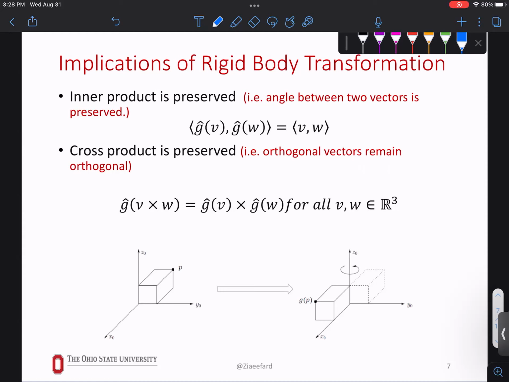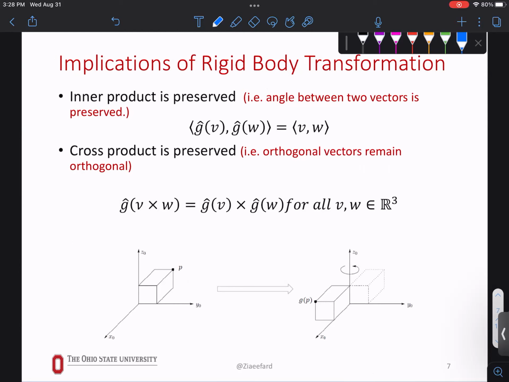We get into exciting stuff. So the inner product is also preserved. The angle between two vectors stays the same. Why do we connect the angle between two vectors to the dot product?